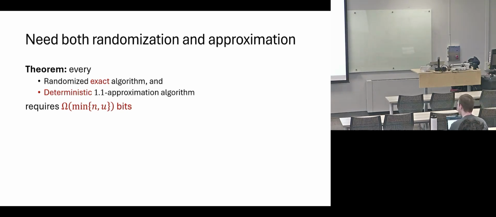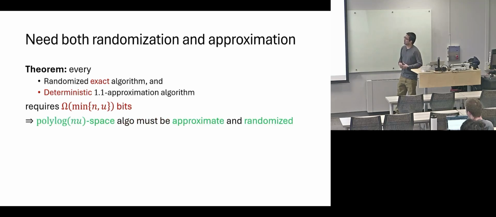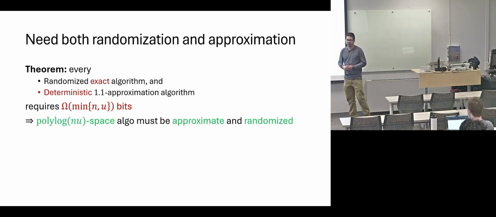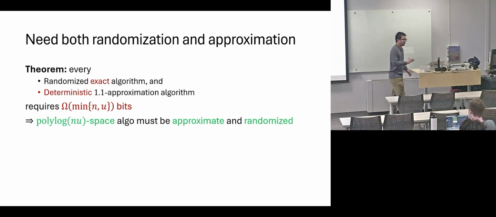Also, any deterministic algorithm, even if it's approximate, needs to take linear space. So it means that if your goal is the ambitious polylog space, then your algorithm must be both approximate and randomized. I will not prove this right now. This might be in the next homework, and we will guide you on how to do it.